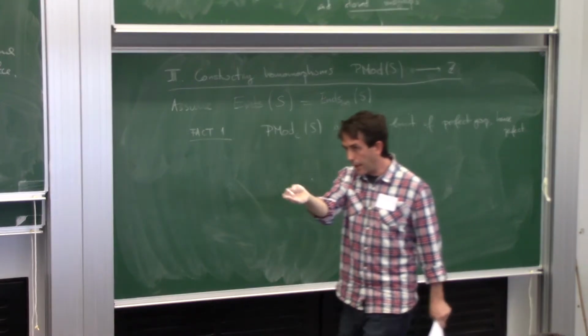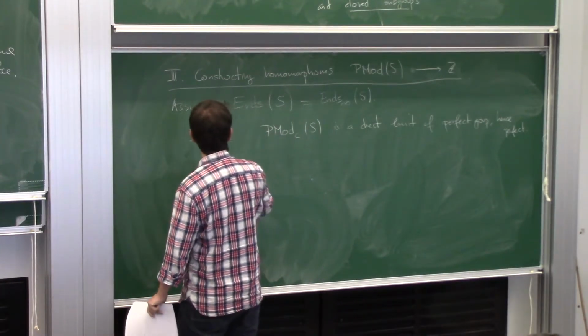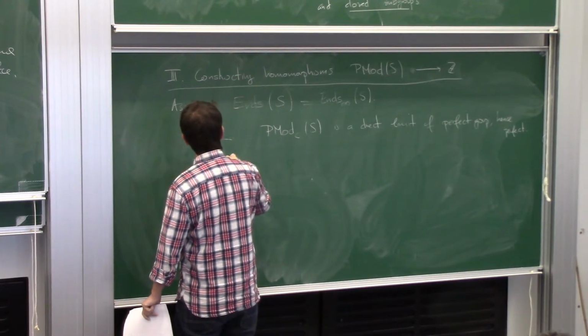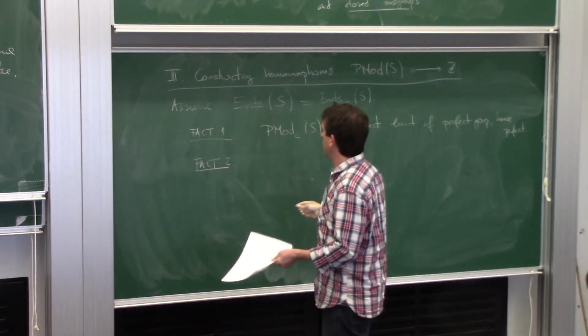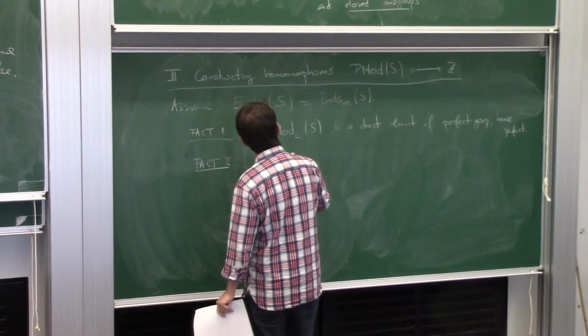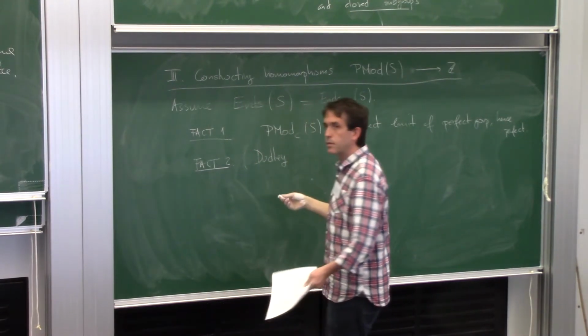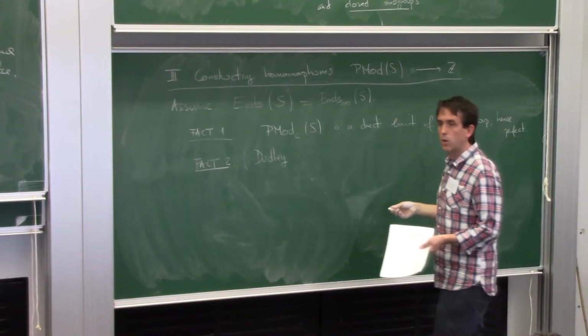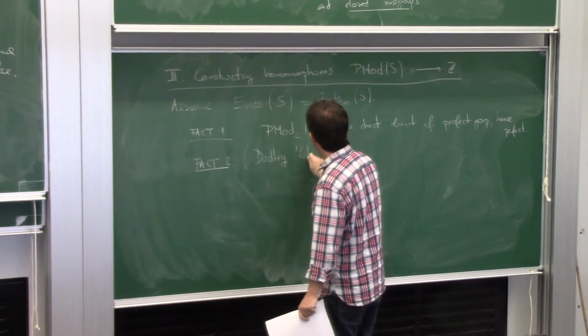And now comes the fact that you were talking about, fact 2. Polish groups are amazing because there is a theorem of Dudley, often called automatic continuity, from the 60s.